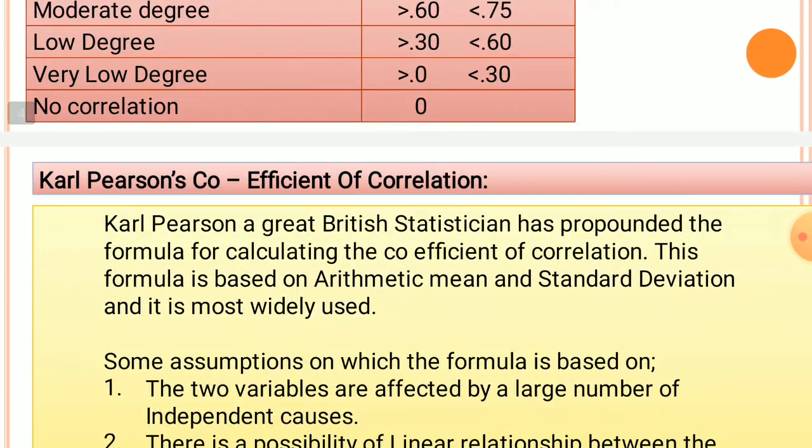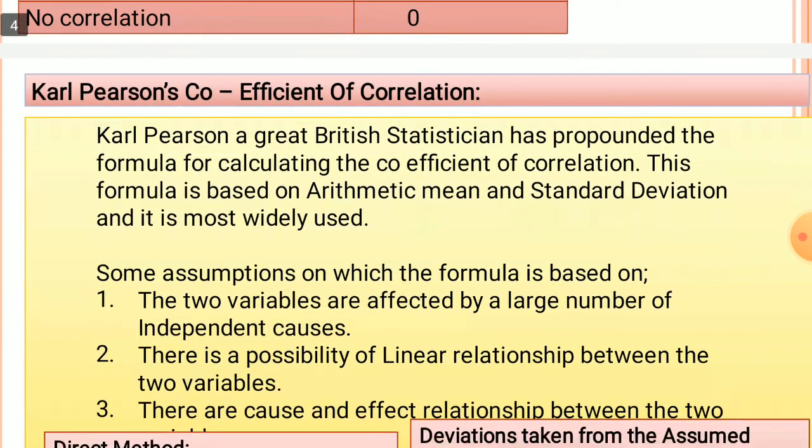Now, Karl Pearson's coefficient of correlation is one of the most useful methods of calculating and assessing the closeness of the relationship of two or more variables. Karl Pearson, a great British statistician, propounded the formula for calculating the coefficient of correlation.